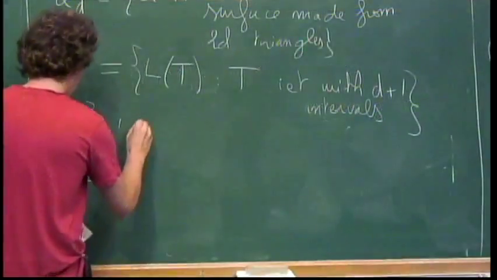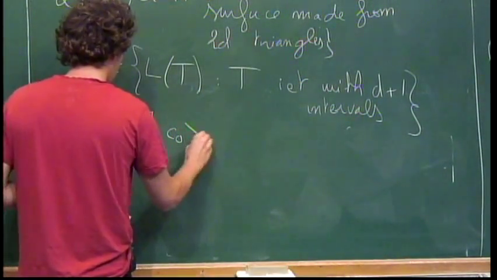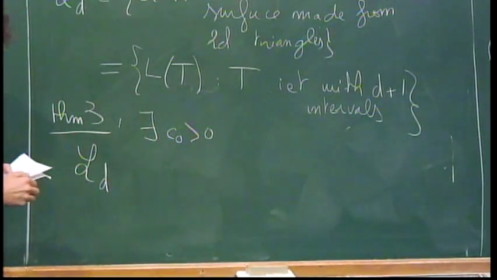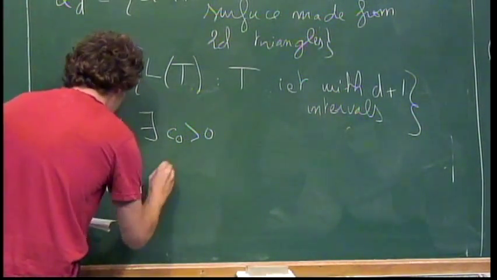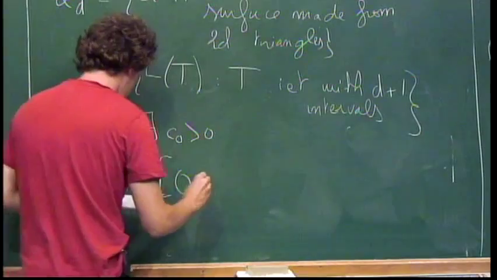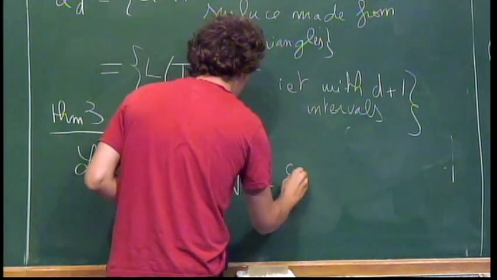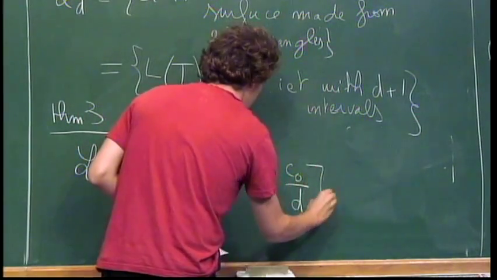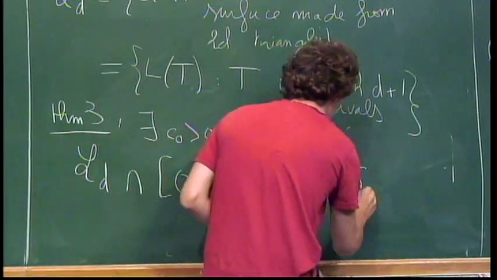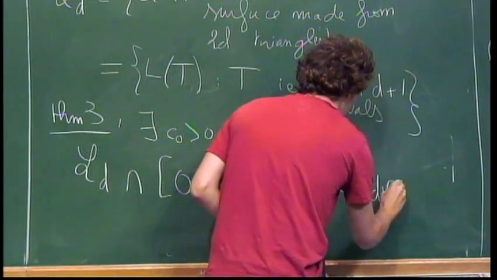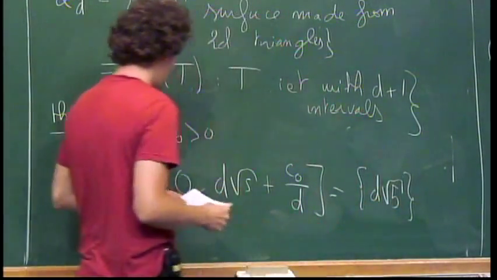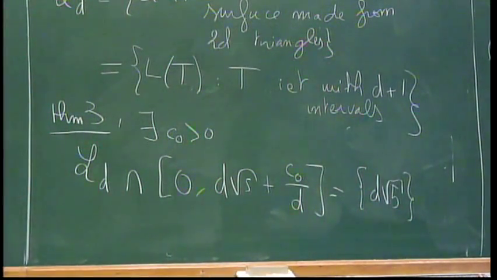So there exists a universal C_0 that I don't want to make explicit. L_D intersected with [0, d square root of 5 plus this constant over d] is just the bottom value. So just to say that it is isolated.